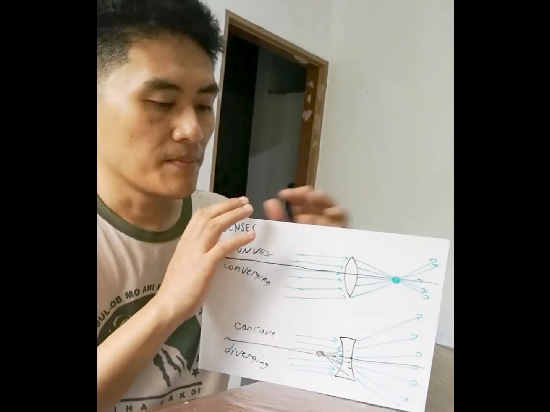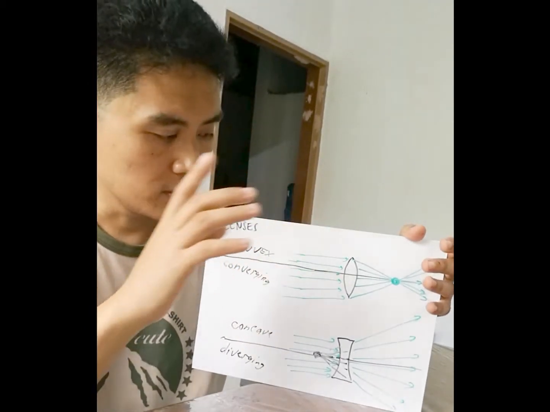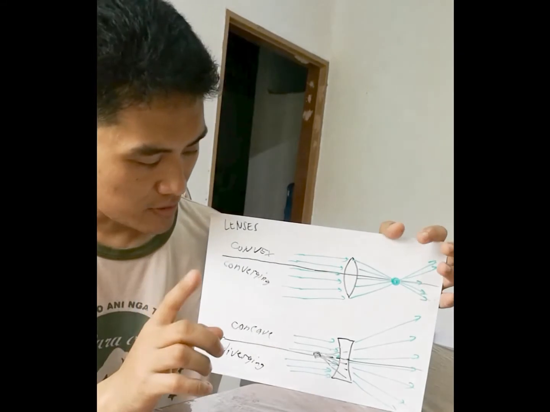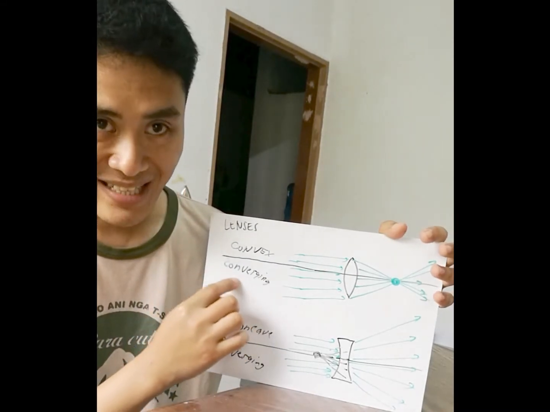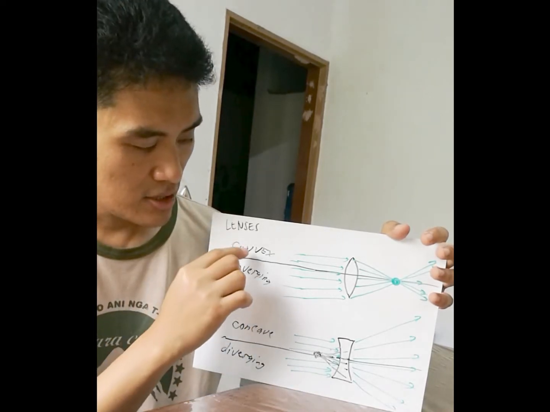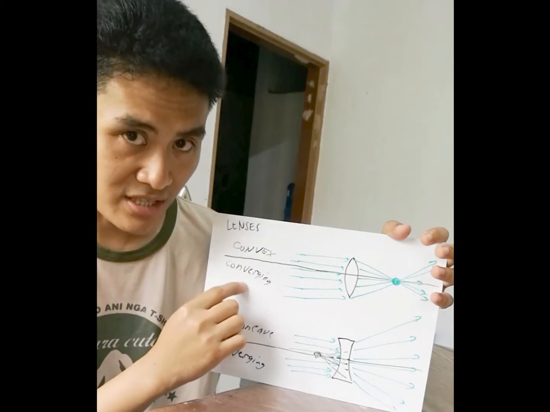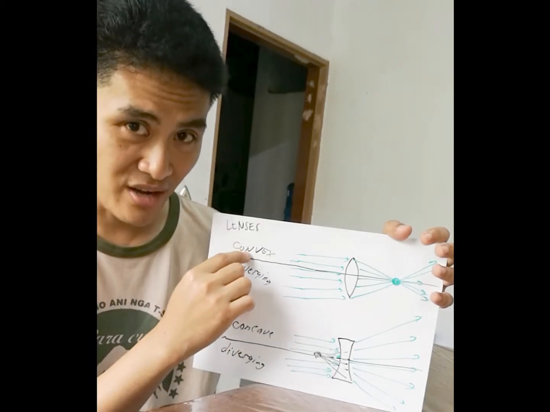Okay? But this is where some of the confusion comes in, because if you think about it carefully, the converging lens, right, is a convex lens. So converging lens is also a convex lens.